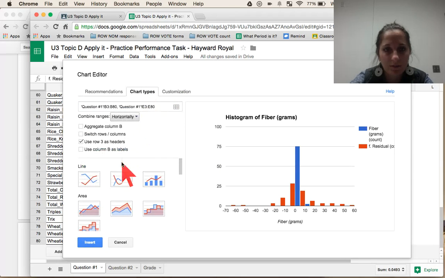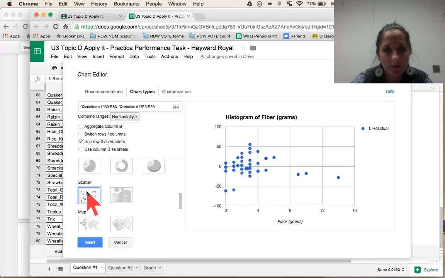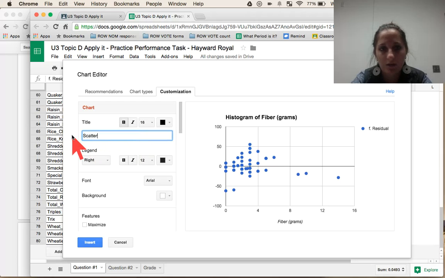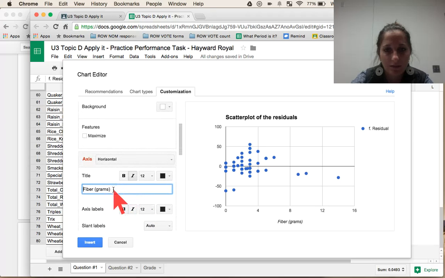Chart types, I'm going to select the scatter plot. Okay, and then customization. I'm going to really quickly change this. This is just a scatter plot of the residuals. And then I'm going to quickly change the horizontal axis to grams of fiber, which is great.